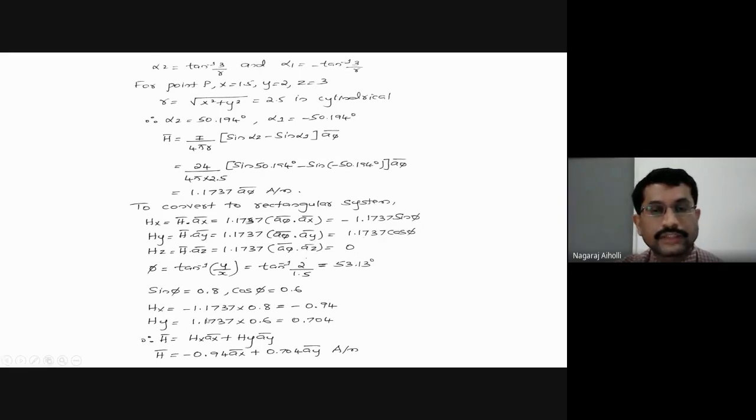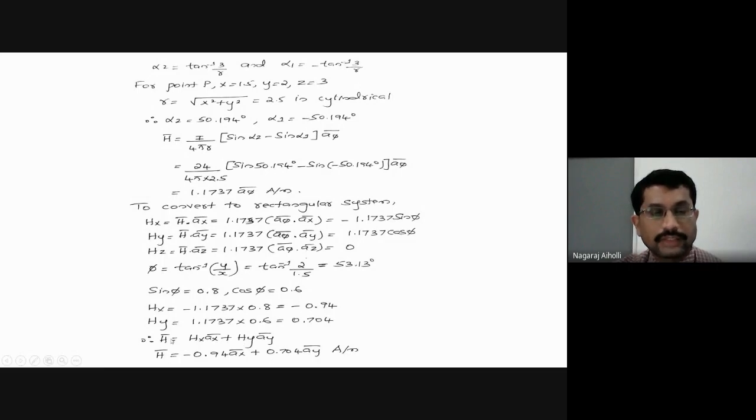Then we'll get hx is equal to minus 1.1737 into 0.8. This will be minus 0.94. Then hy, that is 1.1737 cos phi. This is further equal to 1.1737 into 0.6. This is 0.704. Fine. Then h bar is hx ax bar plus hy ay bar plus hz az bar.